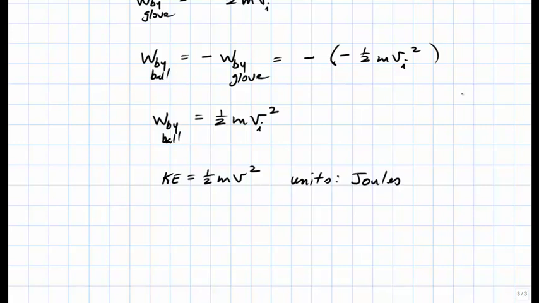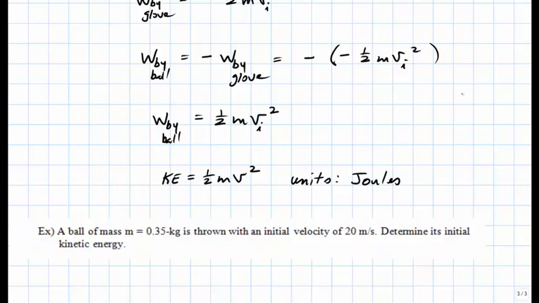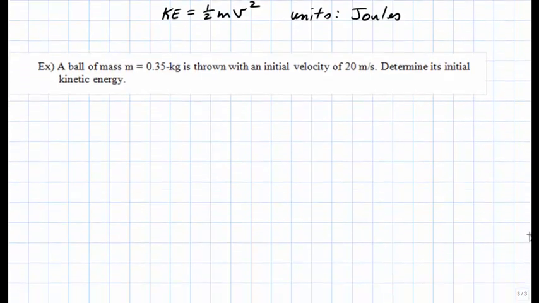Let's now introduce a basic application of the kinetic energy formula. In this example, a ball of mass 0.35 kilograms is thrown with an initial velocity of 20 meters per second. We would like to determine its initial kinetic energy. Kinetic energy, as we just noted, simply equals 1/2 mv squared.